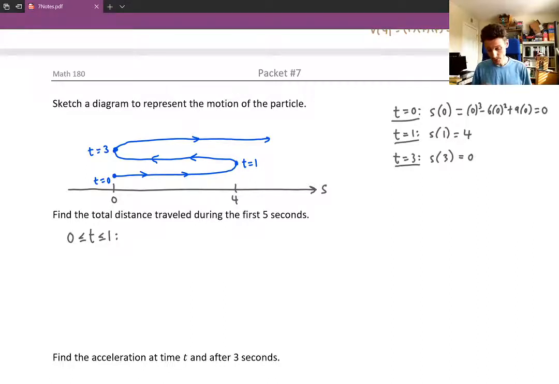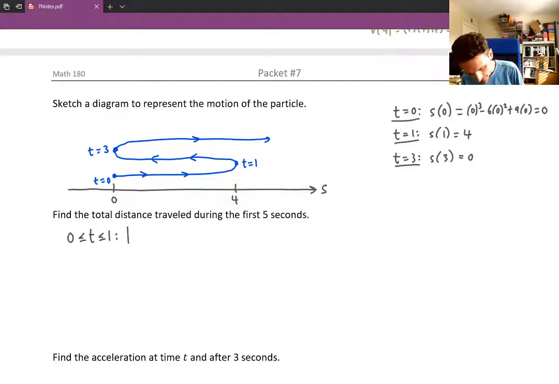Now, if we drew a picture, then we can see from the picture exactly how far the particle traveled. It traveled a distance of 4, because it went from a position of 0 to a position of 4 over that time interval. But if we didn't draw the graph and didn't have this picture to look at, what we could do to calculate that distance traveled over that first time interval would be something like this.